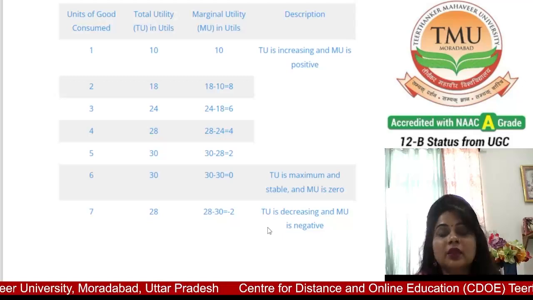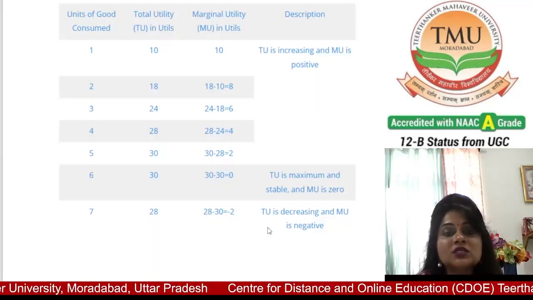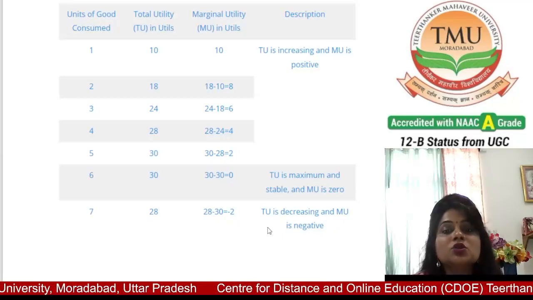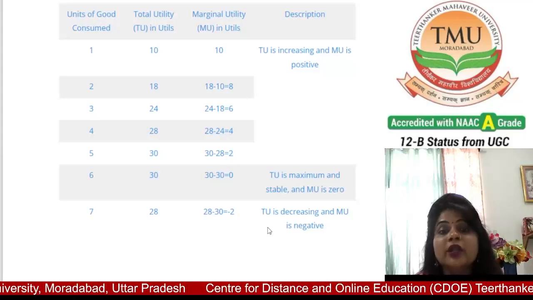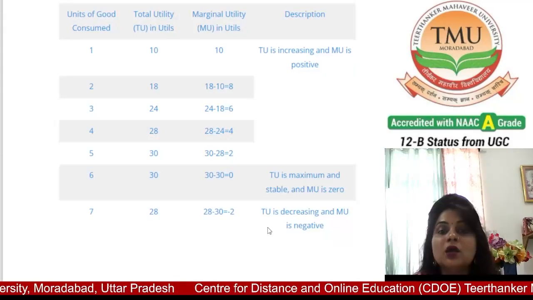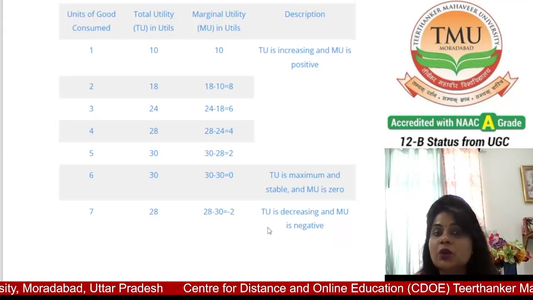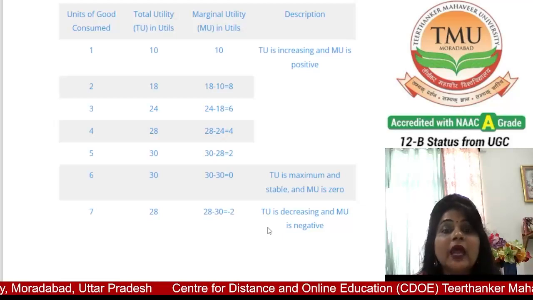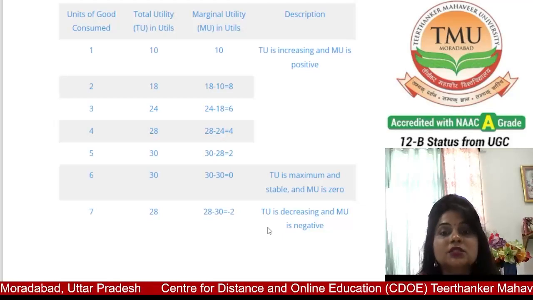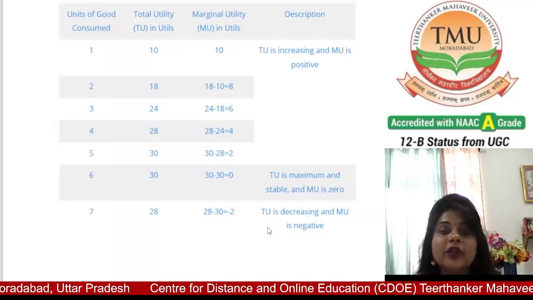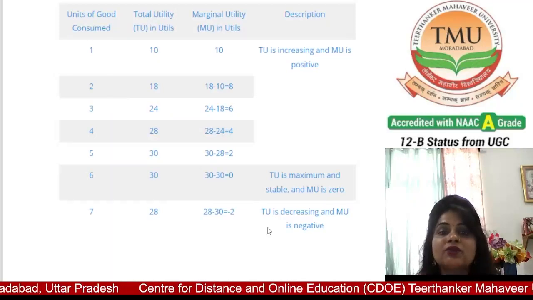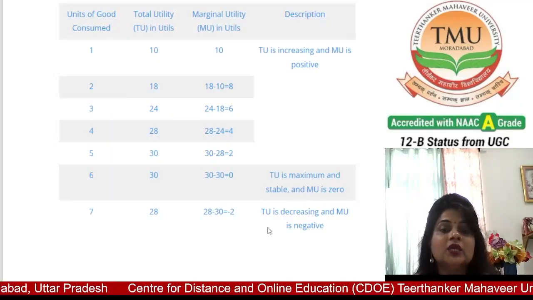And with the use of the sixth unit, the consumer gets total utility 30. Here the total utility is at maximum because the consumer has been fulfilled. Now he gets no marginal utility, he gets zero. At this point, the TU is maximum and stable and marginal utility is zero.